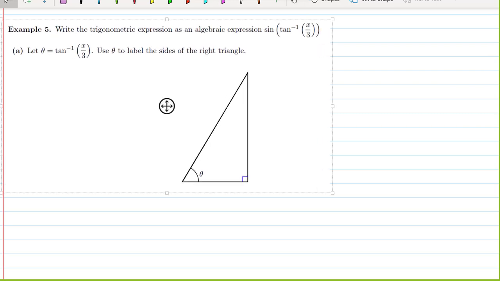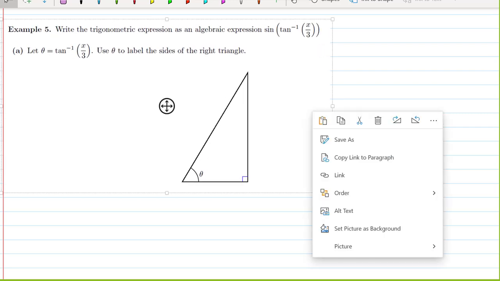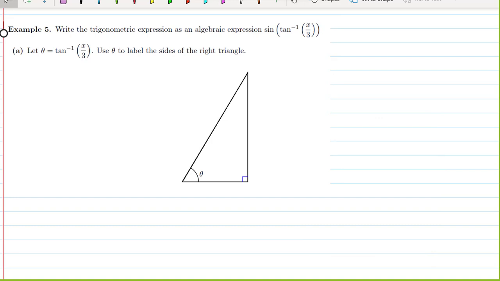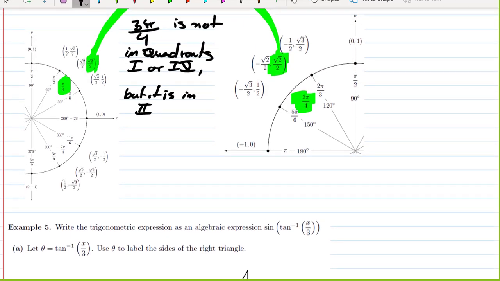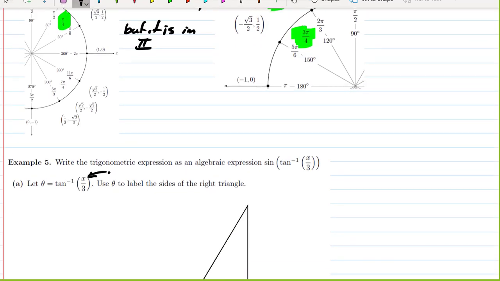So we have the sine of the tangent inverse of x over 3. So if we let theta equal the tangent inverse of x over 3, by definition, tangent is opposite over adjacent. So this would be my opposite. And this would be my adjacent.